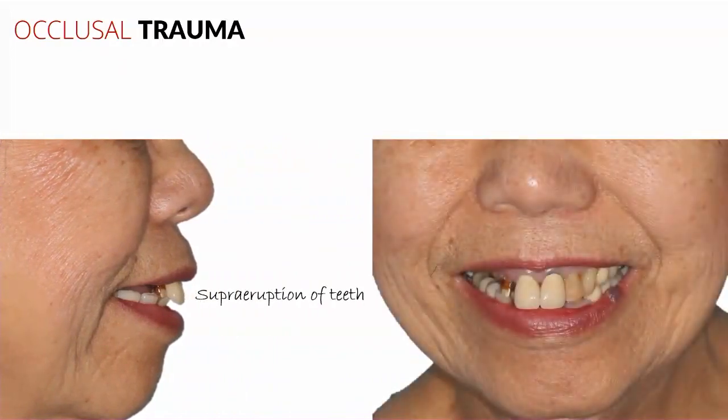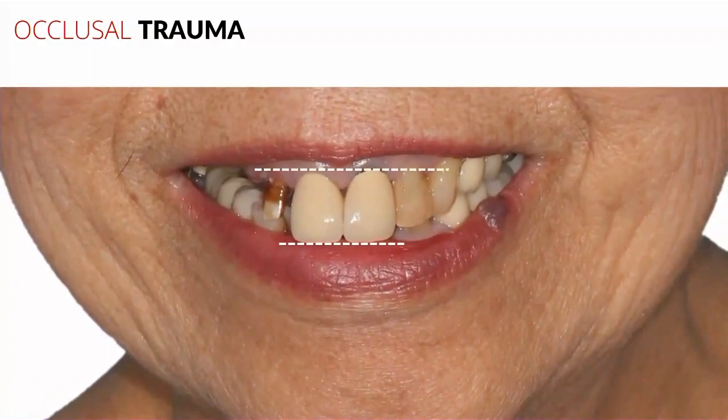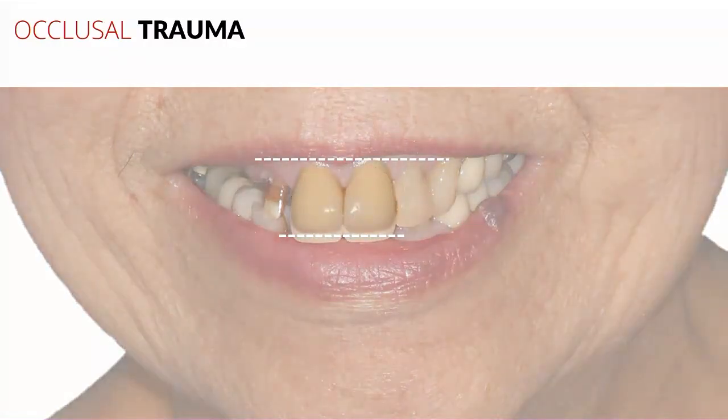And then with that, you also get super eruption, or the downward drift of that maxillary central incisors. So if we were to rewind what she looked like before all those back teeth were taken out, her teeth were probably a little bit more apical, but over time they've drifted down, okay?